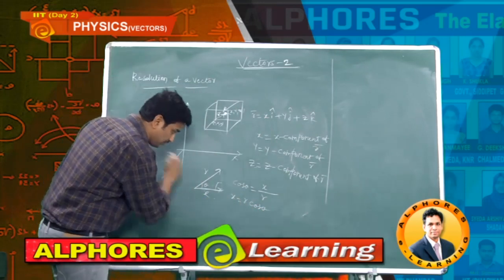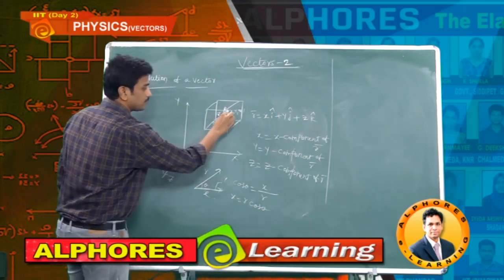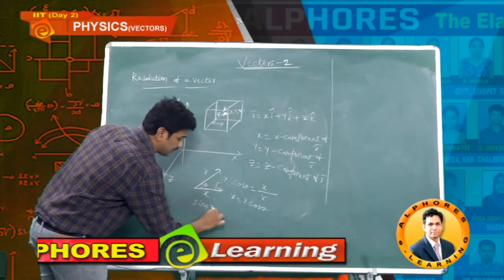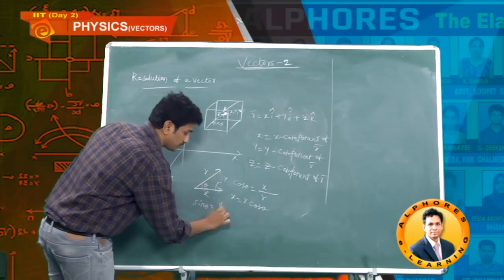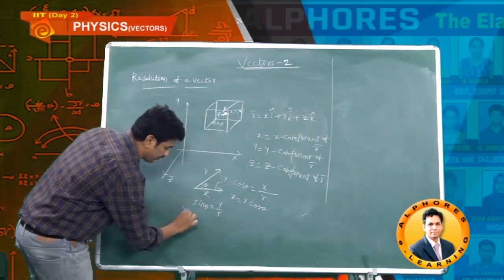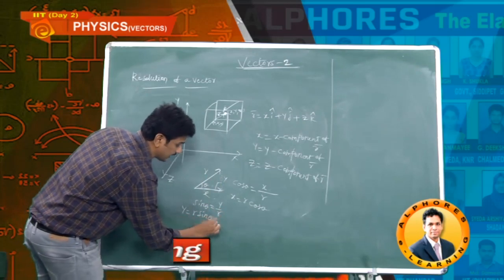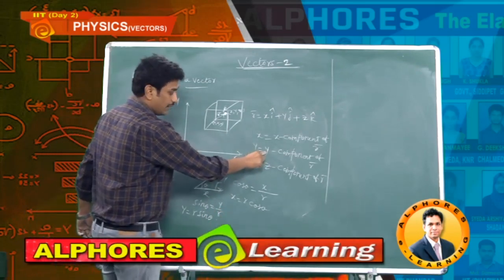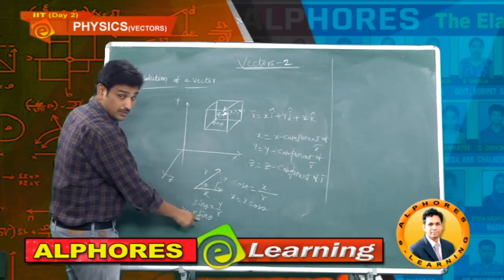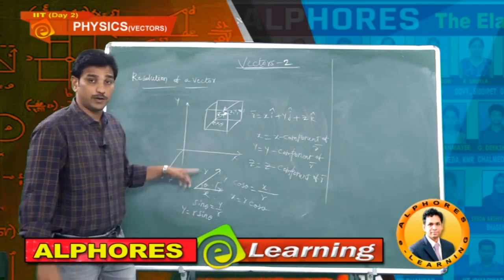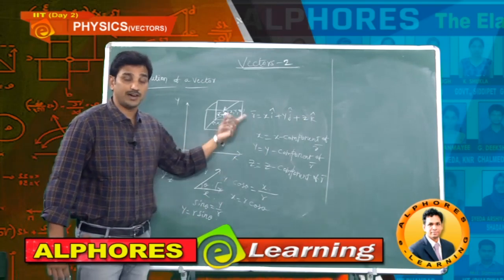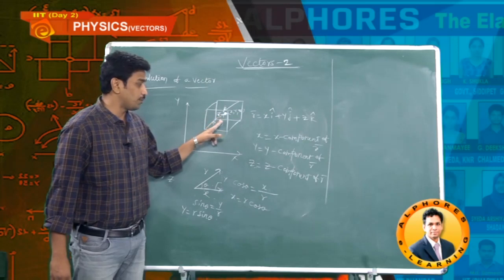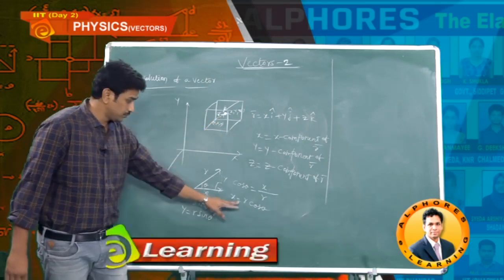Similarly, what about this y? Theta, opposite. What is sin theta? Opposite by hypotenuse, y by R. What is y? R sin theta. Y is the y component of the given vector. Similarly, the z component also is a component of R. Here what I am telling you is R has x component, that is R cos theta.